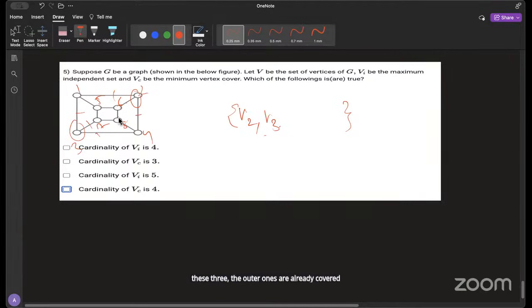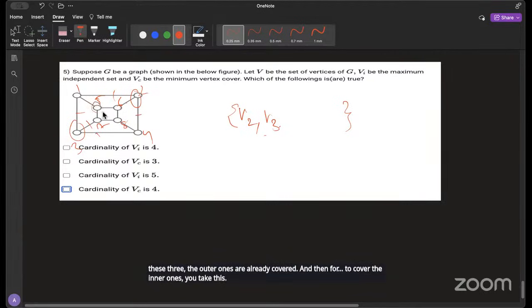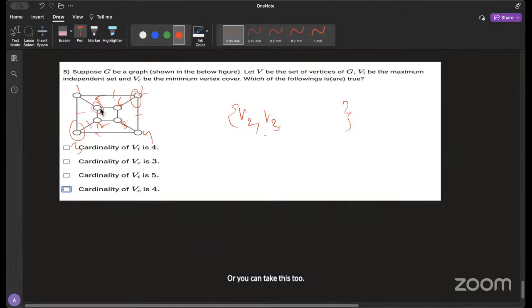Then to cover the inner ones, you take this, or you can take this too. If you take this, these three get covered. If you take this, these three get covered. So this was V5 and this is V8. The order actually doesn't matter here. Yeah, this would be it. Is it okay?